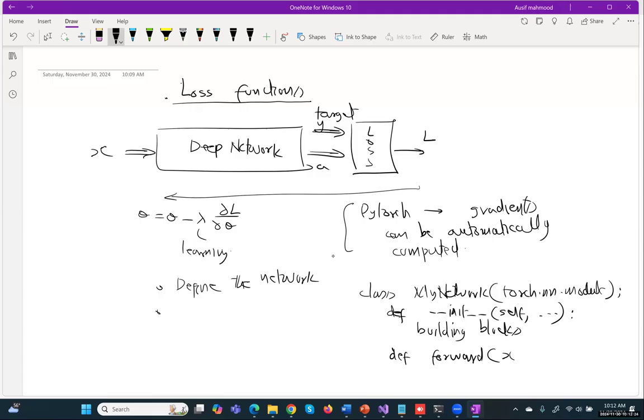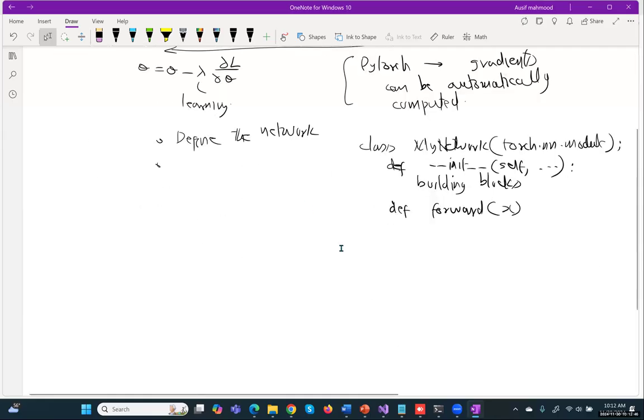One of the inputs to the forward function will be the input X that we are feeding to our network, and it can have additional inputs over here. But the idea is, suppose we feed our input to the network, it will basically go through these building blocks. Whatever building blocks we have over here, we'll keep feeding the input X to it.